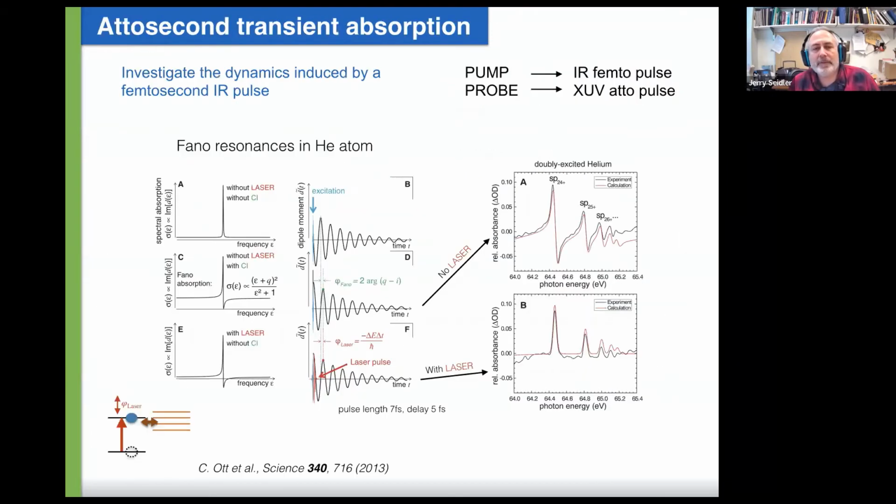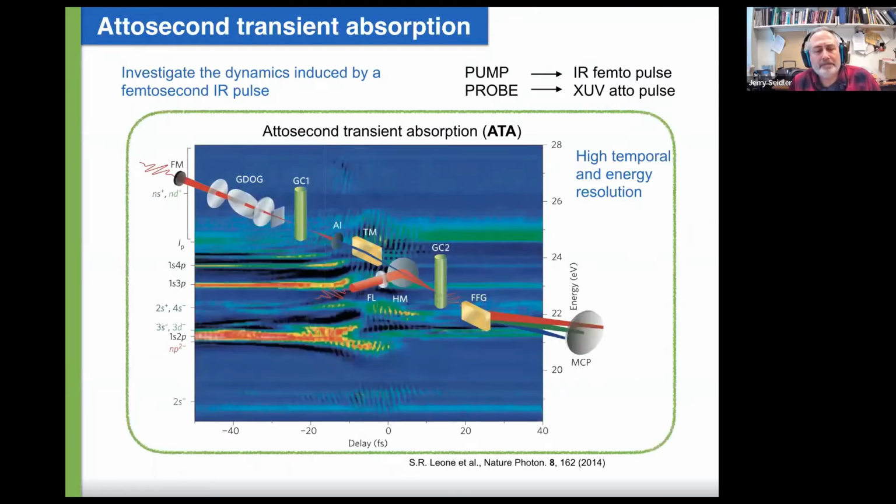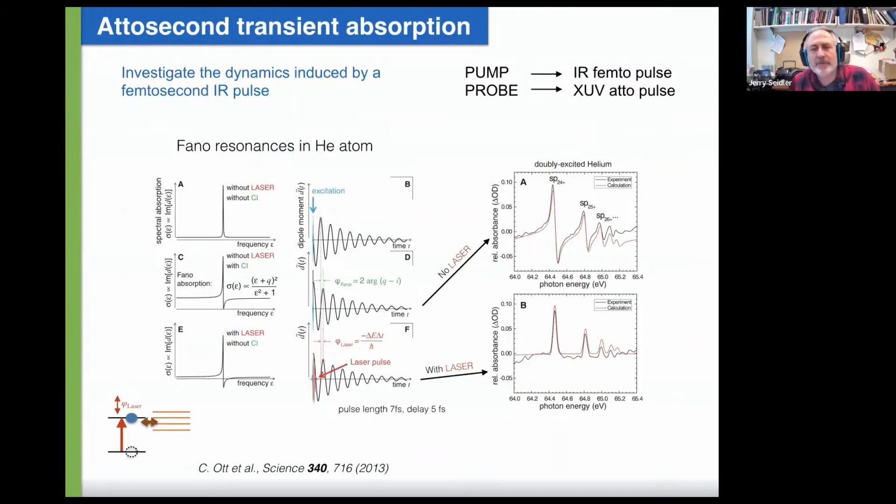I have a question. When you use the pump laser, I'm thinking of the helium experiment to begin with, the system is excited, it's ringing, and then you do photoabsorption. When I compare to the ground state photoabsorption, is it still purely a dipole selection rule? You are talking about this helium case, right?